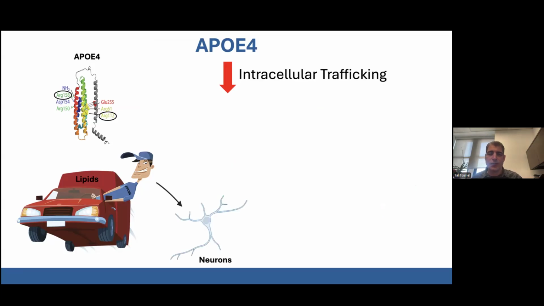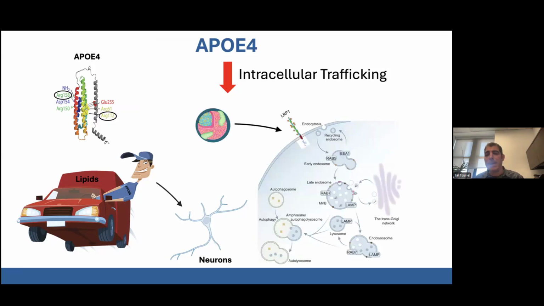One other thing that's happening is a little bit more complicated, perhaps, but I think it's very instructive. When the ApoE4 or ApoE3 or ApoE2 gets to the neuron or any other cell, the ApoE, that part of the lipoprotein, binds to the receptor, and there are a number of different receptors for it, including LRP1. Then that whole lipid complex gets taken up into the cell.